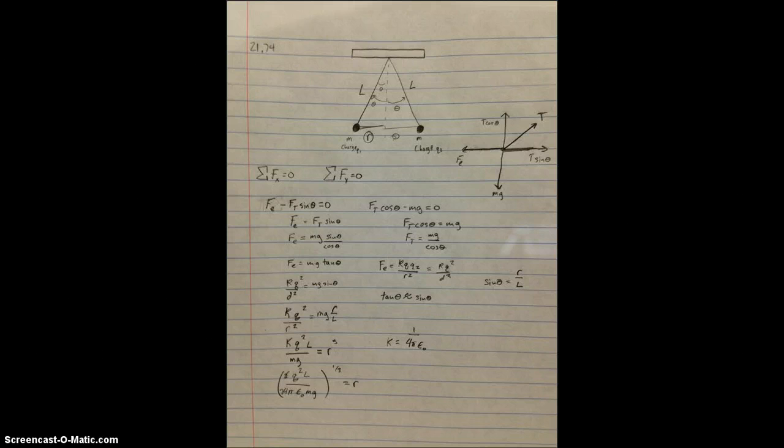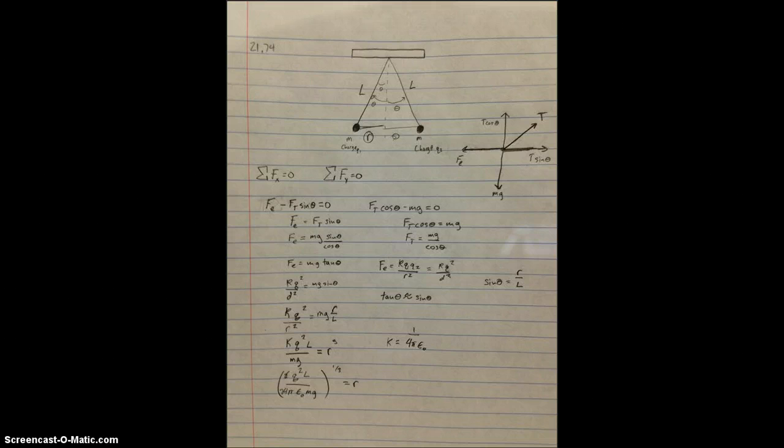And then from there, I started with the force in the x direction. So I said the force of the electric field minus the force of the tension times the sine of theta is equal to 0. And so then I solved: force of the electric field is equal to force of tension times sine theta. And then I did the same thing for the y components, where force of tension cosine theta is equal to mg, so force of tension is equal to mg over cosine of theta.